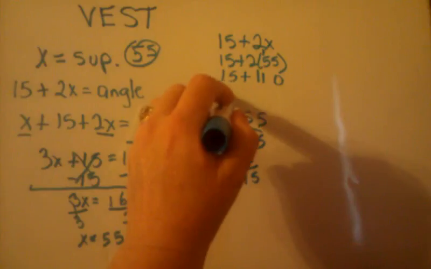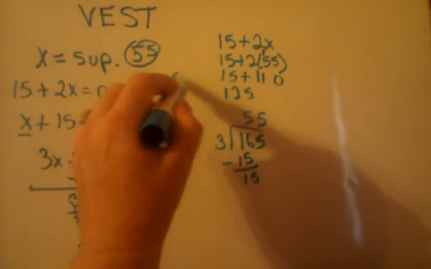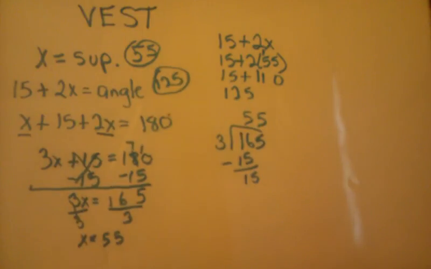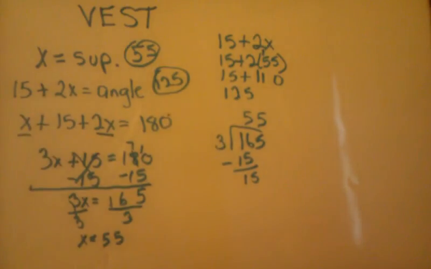It's going to be 125. The only thing your question asks is the measure of the supplement. The measure of the supplement is 55. So your answer is 55 degrees. Okay?